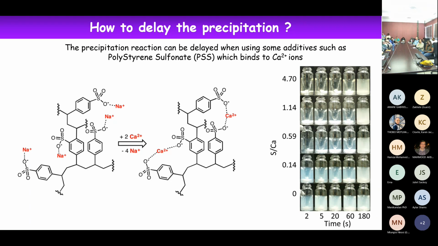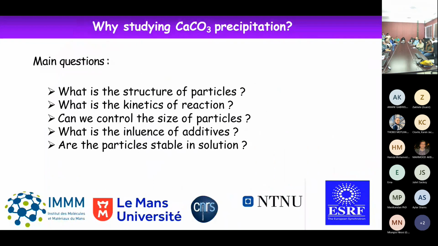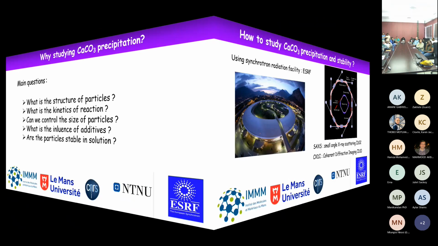And so one of the key questions is that if you really want to study the precipitation of calcium carbonate, you need to find the right technique for that. And that's not so easy. So we want to study this, and basically we want to study the kinetics of reaction of calcium carbonate. And I am going to show you how we can do that now.